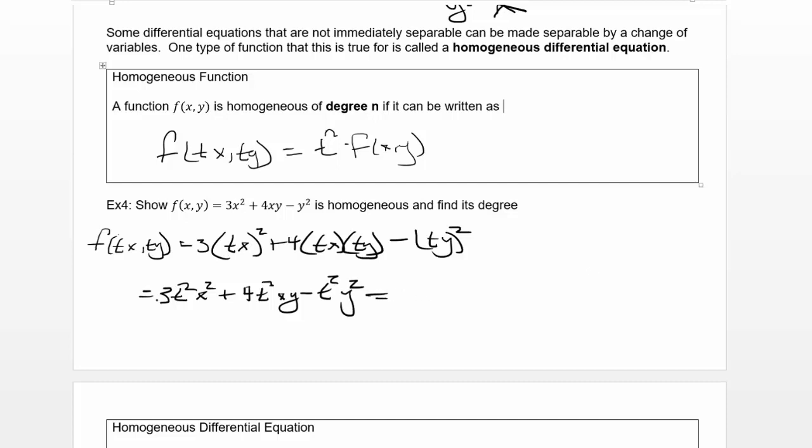Or factoring out, it looks like every term has a t squared in it: t squared times (3x squared plus 4xy minus y squared).